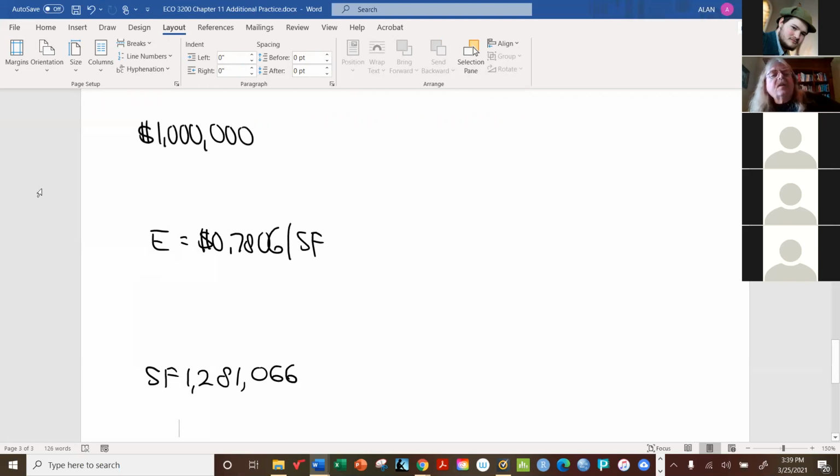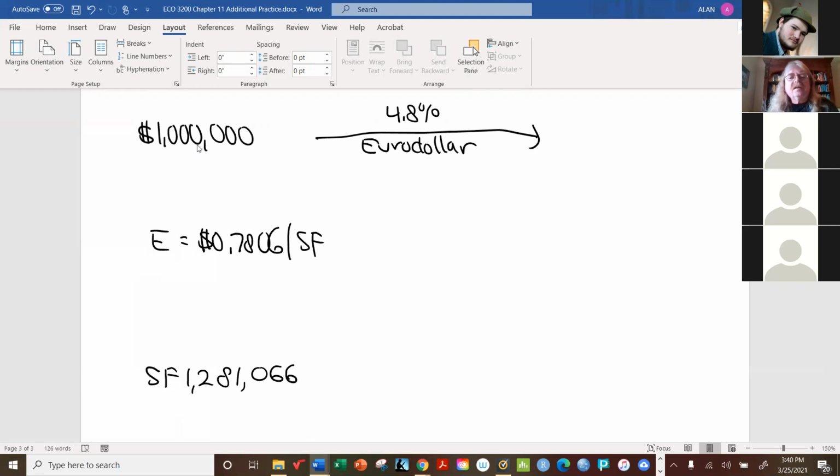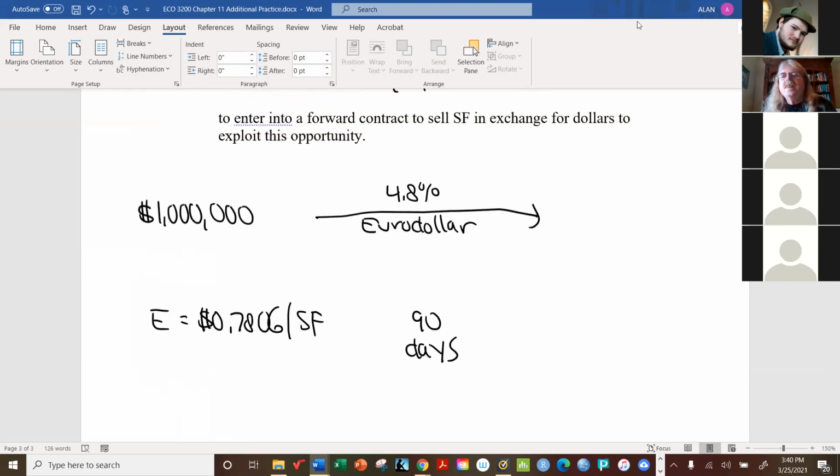Okay, so whether I start with dollars or Swiss francs, I would like to keep this as simple as possible and make sure that somewhere along the way, the dollar amount is $1 million. Now, that means that in the dollar market, the eurodollar market, either we are borrowing or lending at 4.8% per year in this eurodollar market. And remember too, this is only for 90 days. So how much money will we either receive or pay in 90 days?